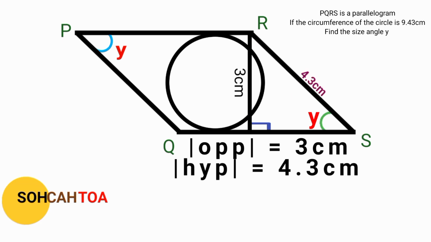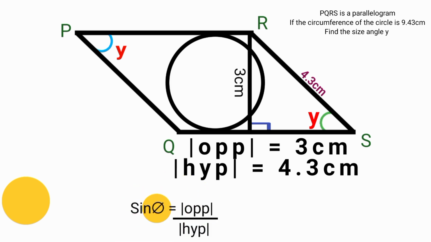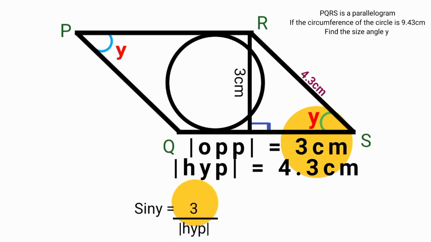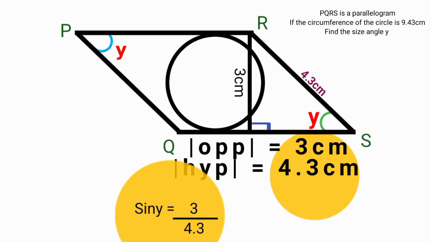So sine theta equals opposite over hypotenuse, where theta is y, so this will be sine y. Opposite is equal to 3, while hypotenuse equals 4.3. So substituted, sine y equals 3 over 4.3.